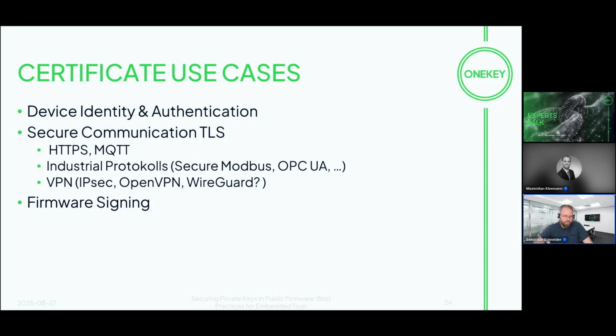And then, of course, you can use certificates for firmware signing. So here you would install a trusted root certificate in your initial firmware where the device is initially shipped with.